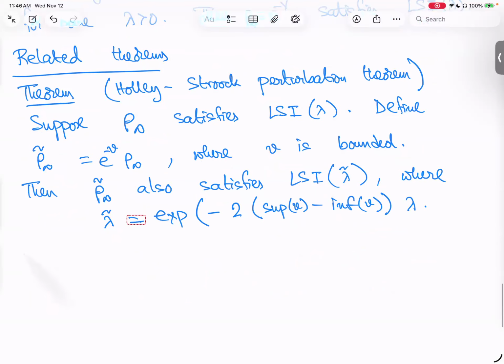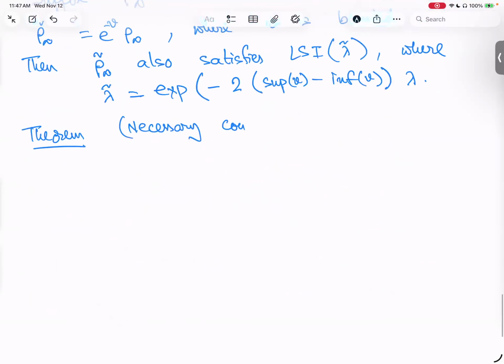So there is a theorem here, which is a necessary condition for LSI.